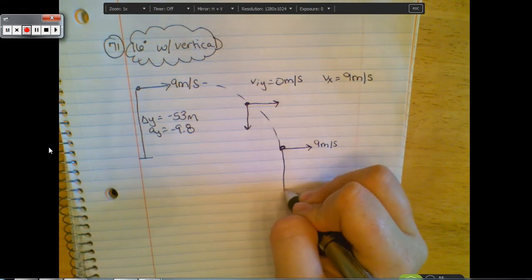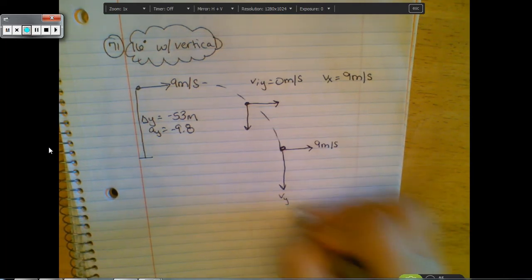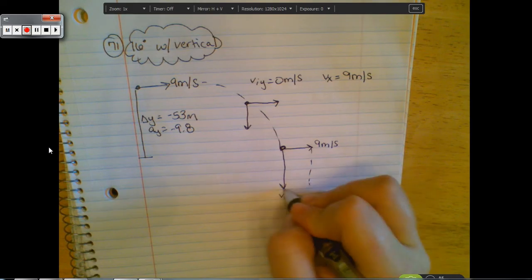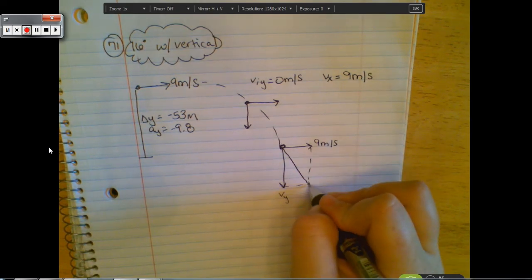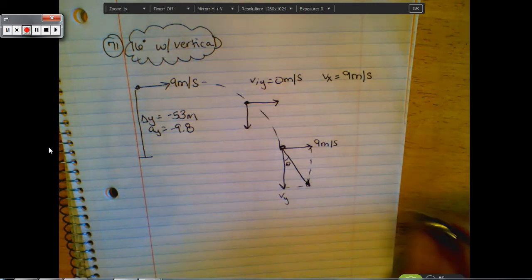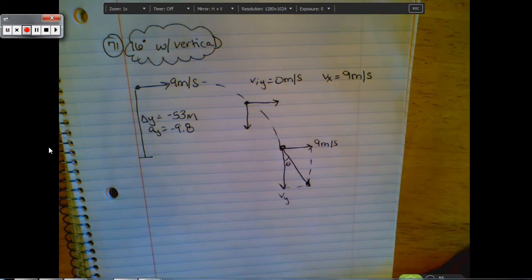So here it's going to be moving with some negative velocity. And if I can find that velocity, then I will be able to determine this angle, which will allow me to find my velocity when it hits the water. So what am I going to do with this?